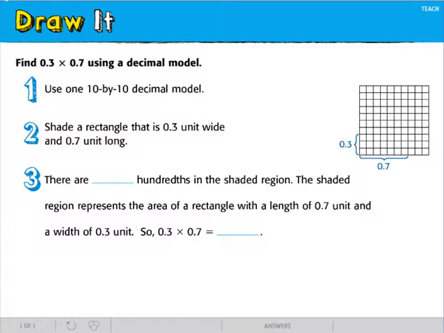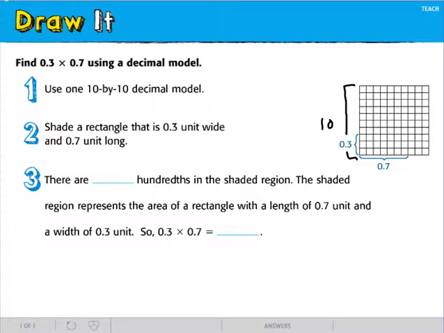We're going to shade a rectangle that is 3/10 of a unit wide and 7/10 of a unit long. So if you count the squares here, how many squares are there? Go just in one row. 10. So there's 10.